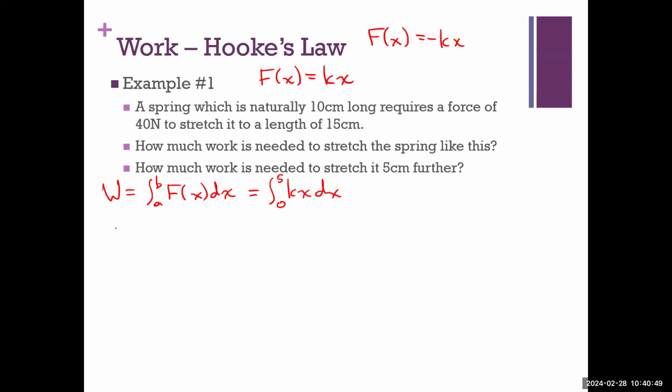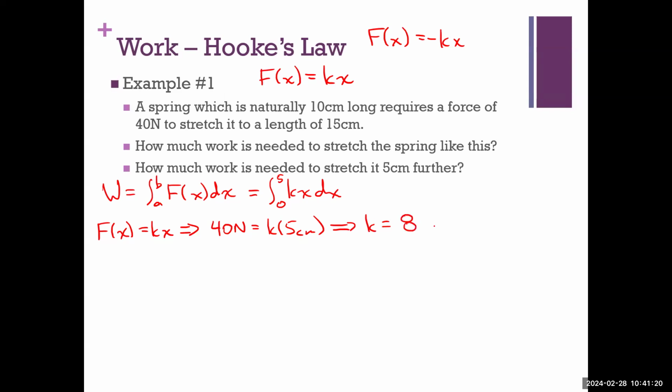So I know that F of x equals kx, right? If I have a force and I have a displacement, I think I can get k. Do I have a data point like that? Yes. What do I have? 40 newtons equals k times 5 centimeters, which means that k is equal to what?